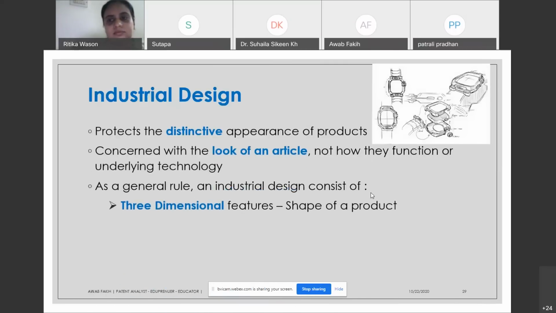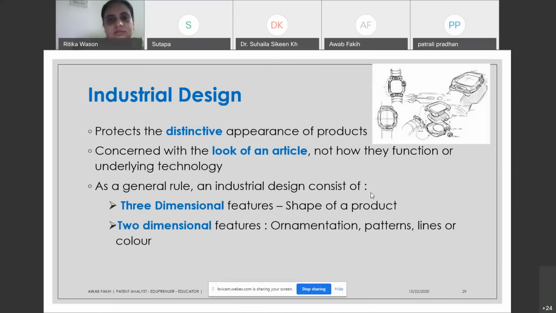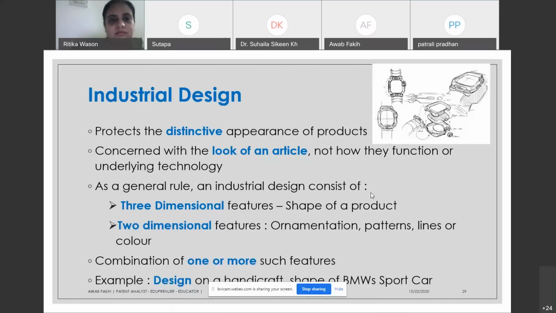So let's go for the industrial design. If anyone has designed an amazing piece of equipment for some purpose, and they don't want to focus on how it works, they only want to focus on the design part of it, my dear friends, here is the slide for you.